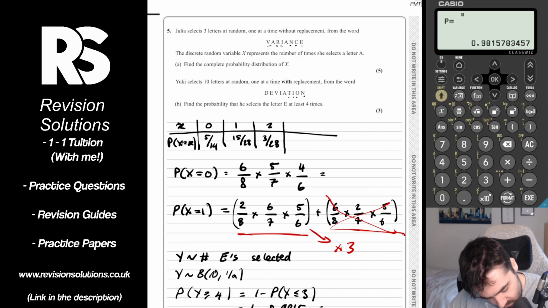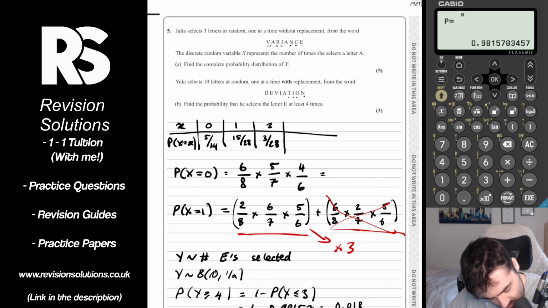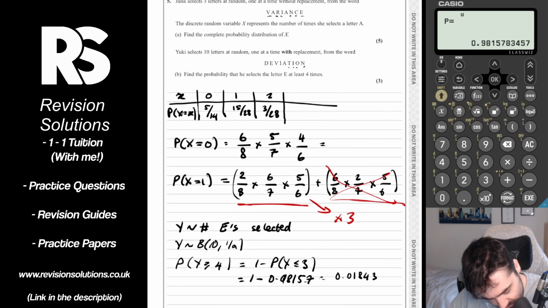So our answer is going to be 0.018. Let's put another decimal point in actually, so 0.01843. So to 3 significant figures, it's going to be 0.0184.